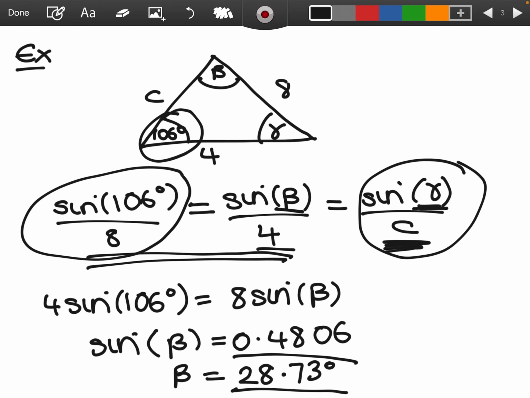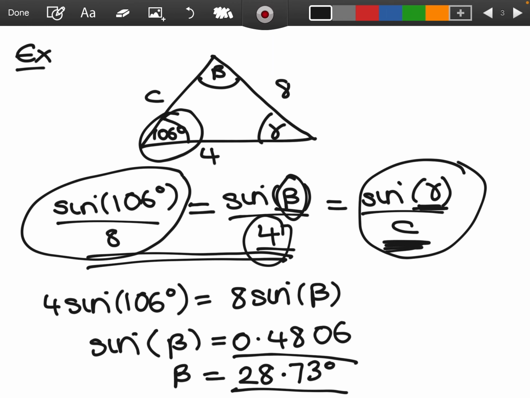So just a quick recap of what we've done here. I've written out my law of sines. I've gone ahead and seen what that angle beta is, the angle that I can solve for where I've already got its opposite side. Once I've solved for beta, I've then looked to see if there is any other possibility for beta that would also fit inside my triangle.